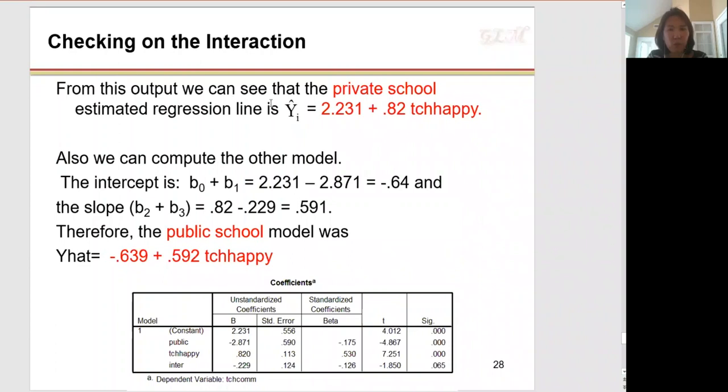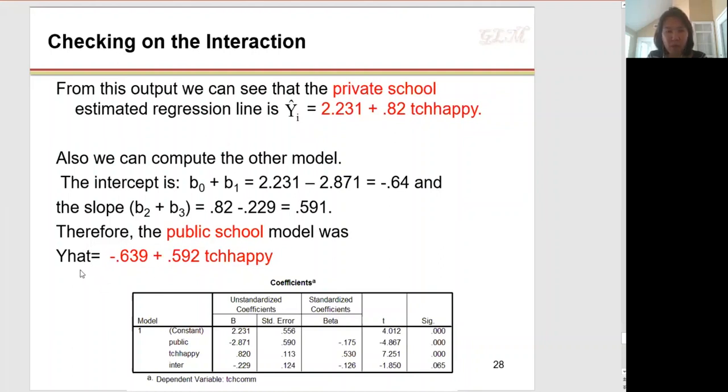From this output, we can see the private school equation, and we can compute the other model. The intercept is B0, B1, this, the slope B2, B3, this, so everything is here. So once you have the SPSS output, you can make your own equations.